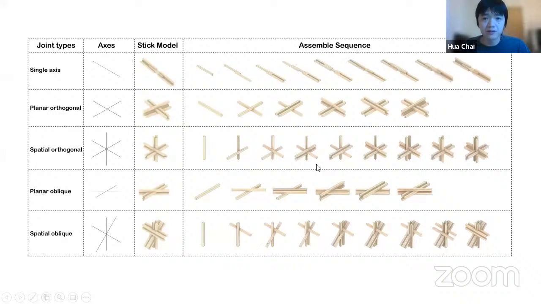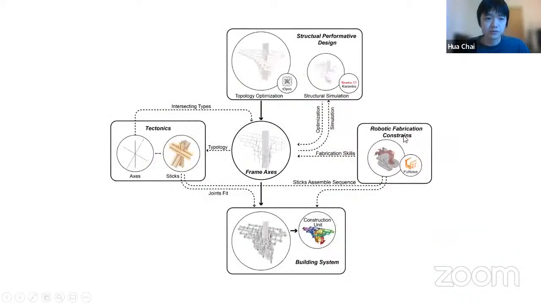And we also define the assembly sequence of the different joints in this process, so the robot assembly logic can be embedded even in the design process at a very early stage.